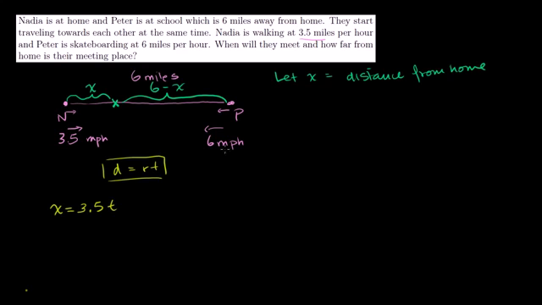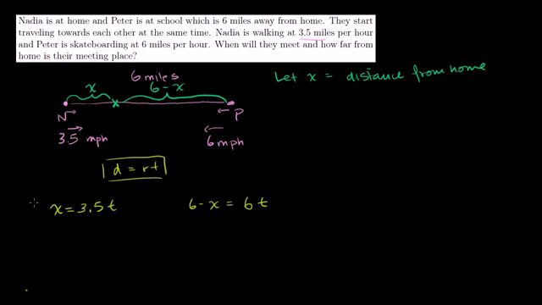And Peter's equation: he travels 6 minus x miles, so 6 minus x is equal to his rate, 6 miles per hour, times the time he travels, which is also t hours. So we have two equations in two unknowns, so we can solve for them.